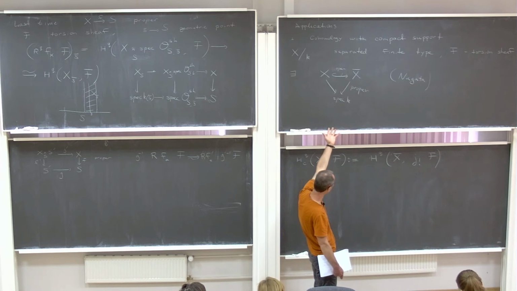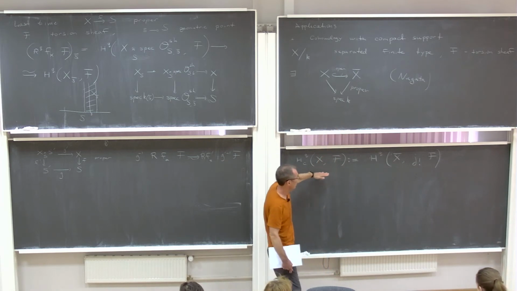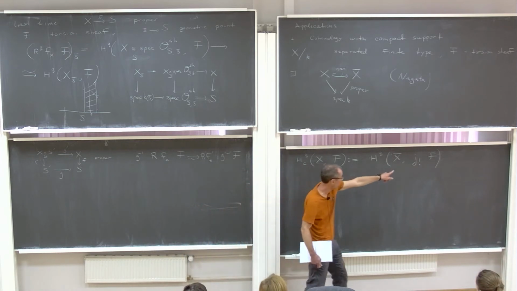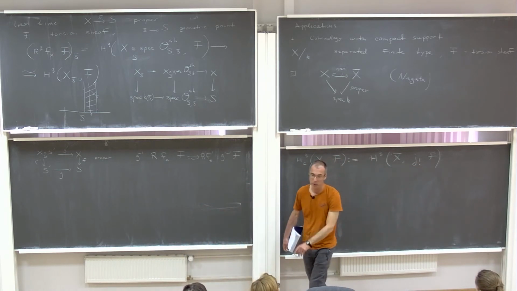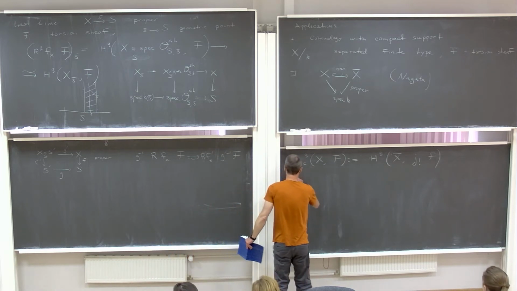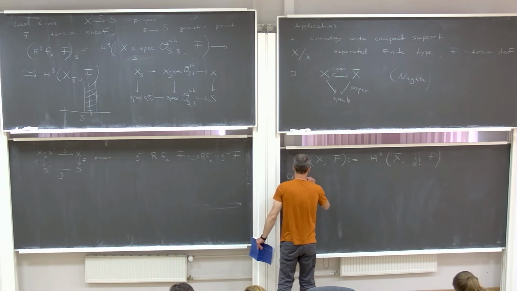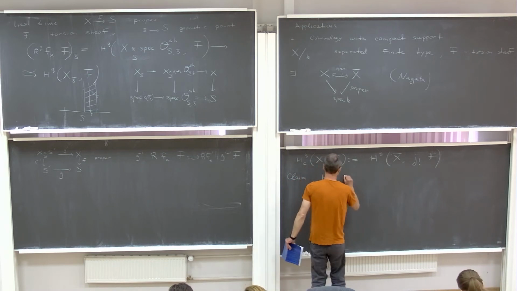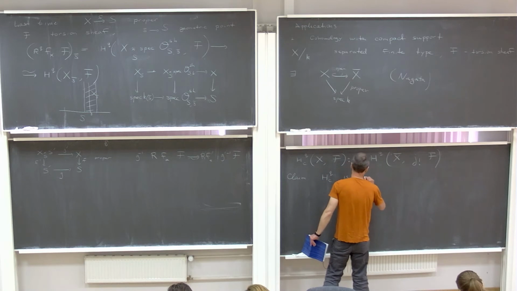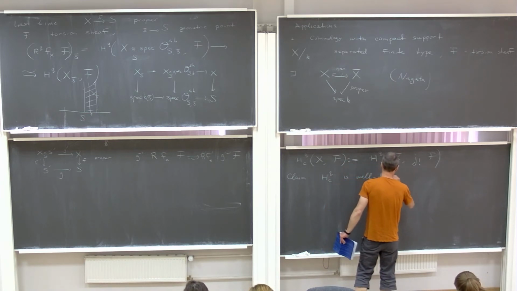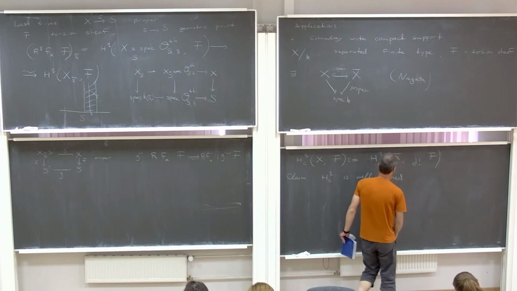So really the content of this is that this construction does not depend on the choice of compactification. It would depend if I put star here, for example. Okay? So claim: H with compact support is well defined, meaning that it does not depend on the choice of compactification.